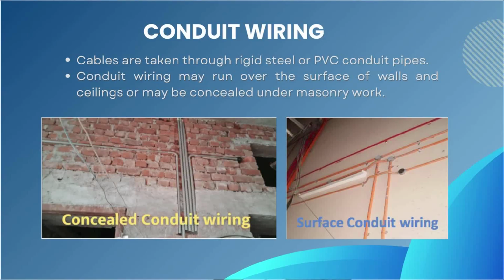Conduit wiring is a more advanced and secure wiring system where electrical wires are enclosed in PVC or metal conduits. These conduits can be installed on the surface of walls, in which case it will be called surface conduit wiring, or hidden inside walls. In this case it will be called concealed conduit wiring or recessed wiring.